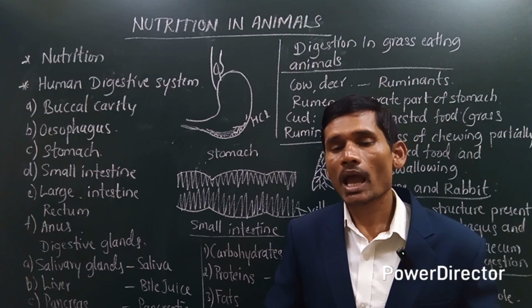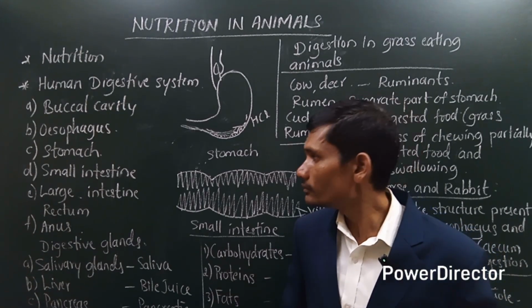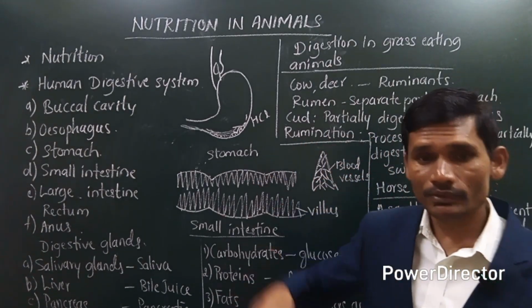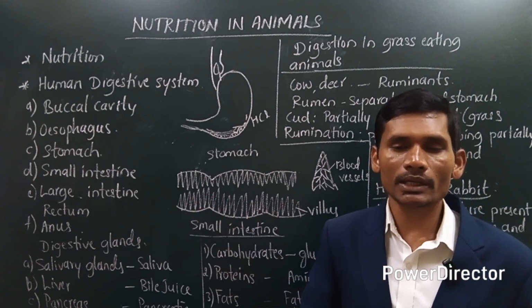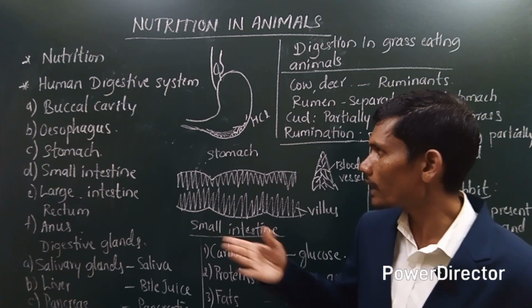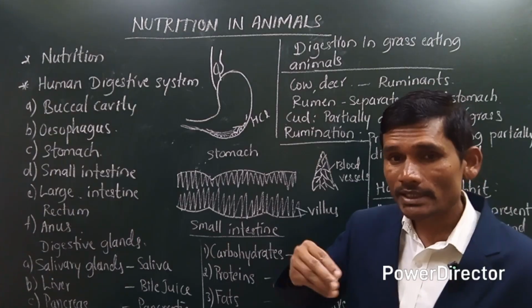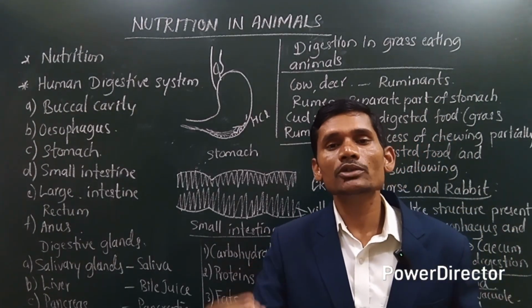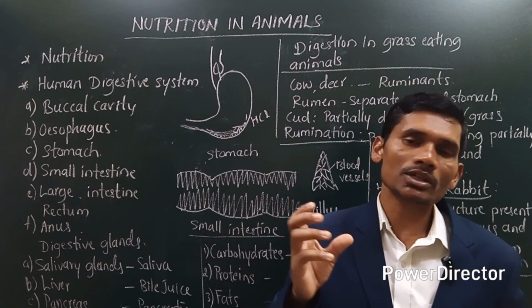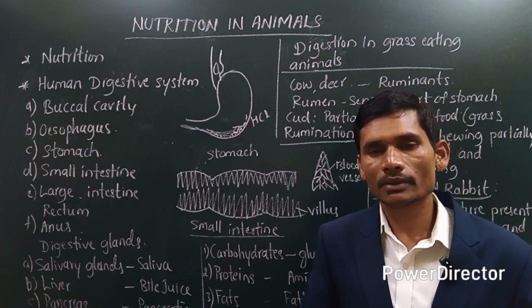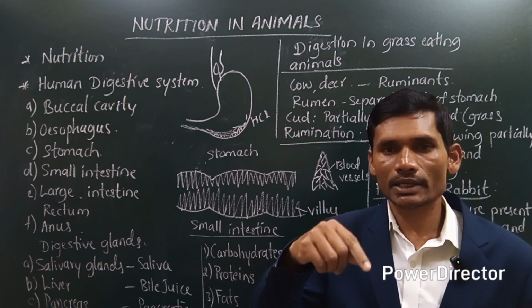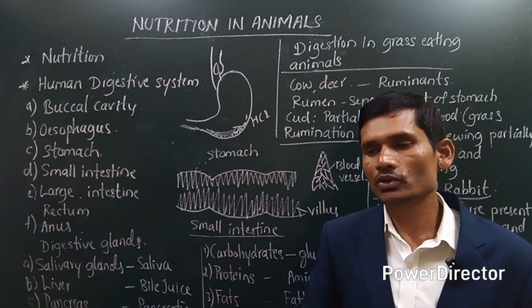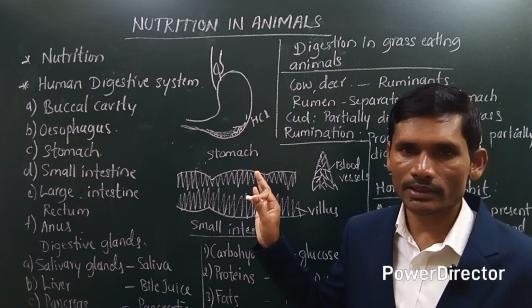It also neutralizes the acidic medium; the bile salts neutralize it. Bile juice is stored in a sac-like structure called the gallbladder, and from there it is used for digestion of fats. Remember.